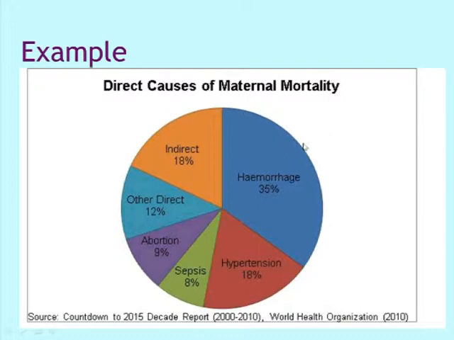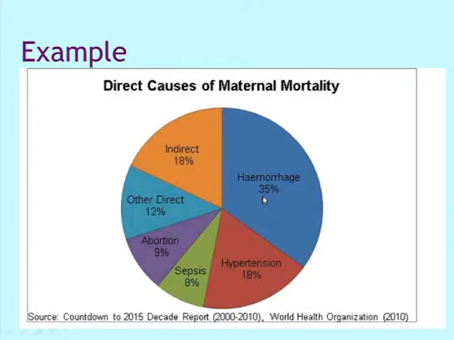So numerically it is 35%, and if you look at this arc or what we call the area under each sector, this is the highest. So this is the biggest contributor of direct cause of maternal mortality, whereas sepsis in this particular depiction stands the least, that is 8%. So the area covered by this sector also is proportionally lesser as compared to this one.